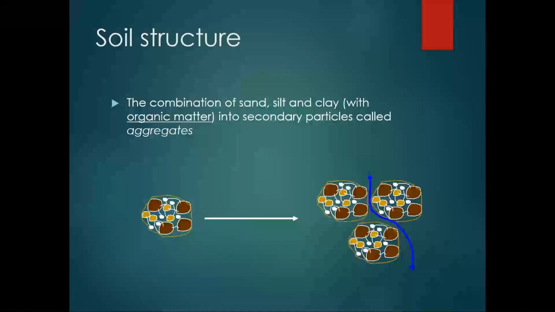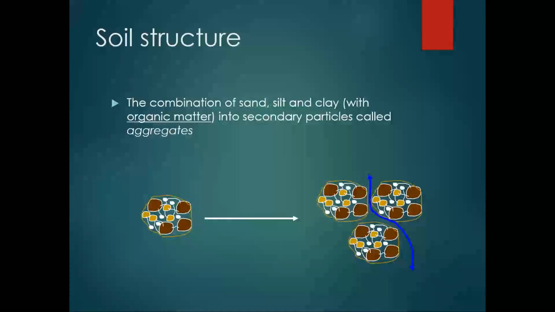So we're going to talk about integrated properties now. The mineral material with that little bit of organic matter, even though it's small in some cases, how important it really is. Because when we start talking about the interaction of the mineral fraction, the sand, silt, and clay, with the organic material, then we get the development of what we call aggregates.